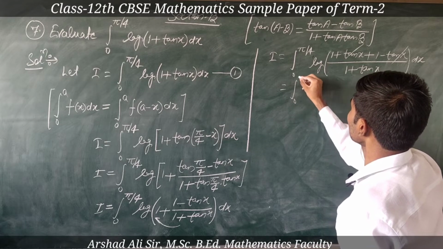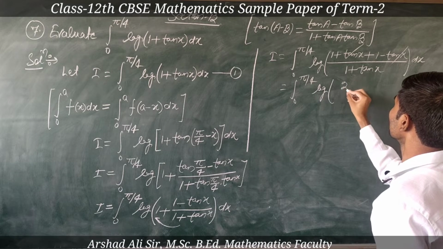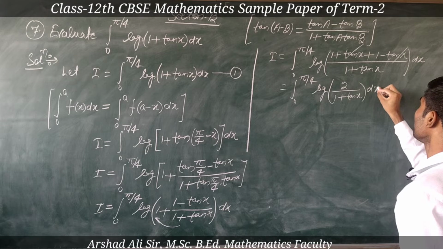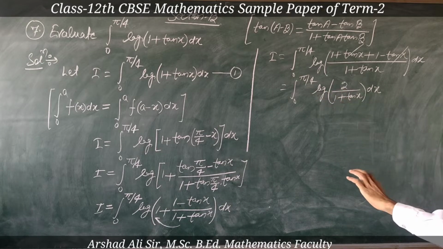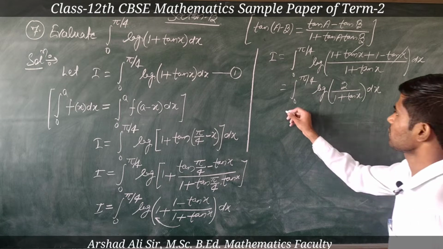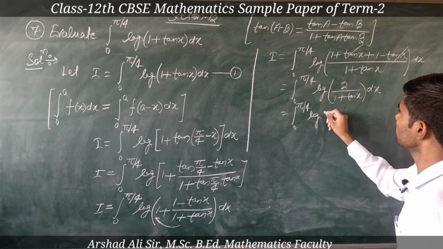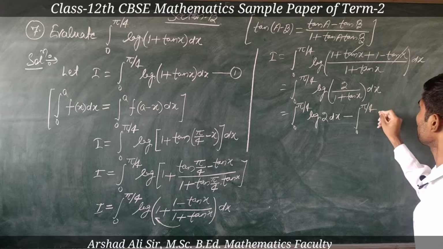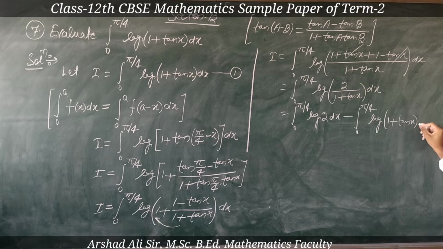So limit 0 to pi by 4 logarithmic 2 upon 1 plus tan x dx. Here we can apply the logarithmic property. Logarithmic m upon n will be logarithmic m minus logarithmic n. So we can write limit 0 to pi by 4 logarithmic 2 dx minus limit 0 to pi by 4 logarithmic 1 plus tan x dx. Suppose it is equation number 2.